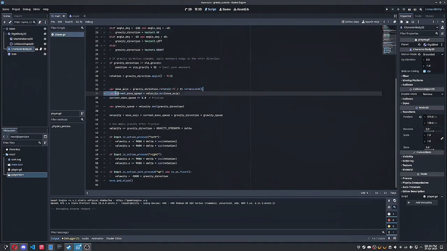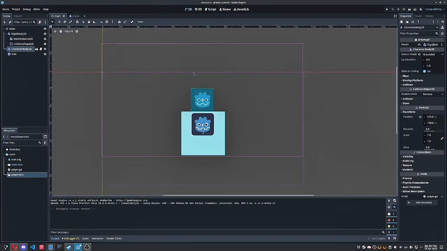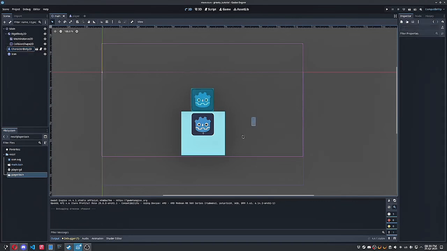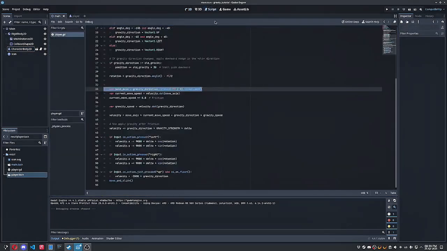But this normalize function constrains the vector to a circle around it instead of letting it go as far as it wants out in any direction. Current move speed is our velocity in basically whatever direction, but it's along this axis.